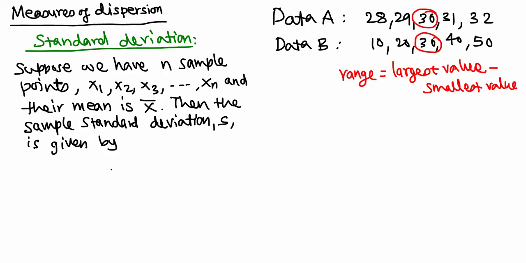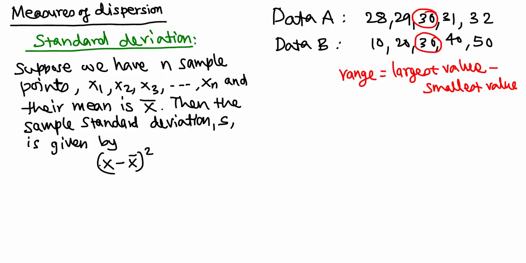What we do is we find the difference of the data set points, x1, x2, x3, or xn, and subtract the mean. Find the deviation of the data point from the mean, and we square it.